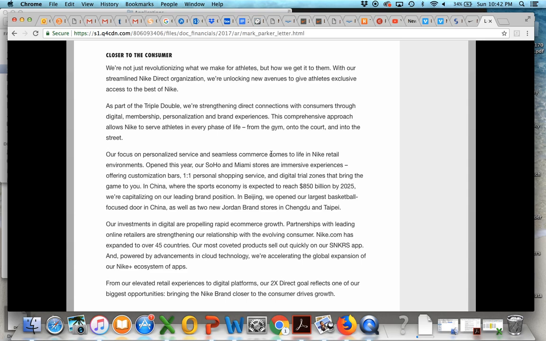Foot Locker has to mark it up so that they can make money on it. When you buy direct, Nike gets to keep more money at the end of the day from that $100 price that you pay. So that's why they're trying to do that.